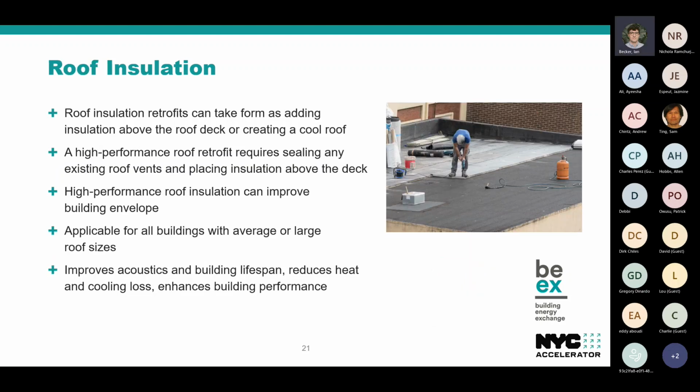And then along with a porous building envelope that's leaking conditioned air, an older roof can result in heating and cooling loss, requiring more energy to heat and cool your building. So high performance roof installations can also improve the building envelope and increase the efficiency of your building. Maybe your building has violations related to roof leaks or leaks through the envelope.